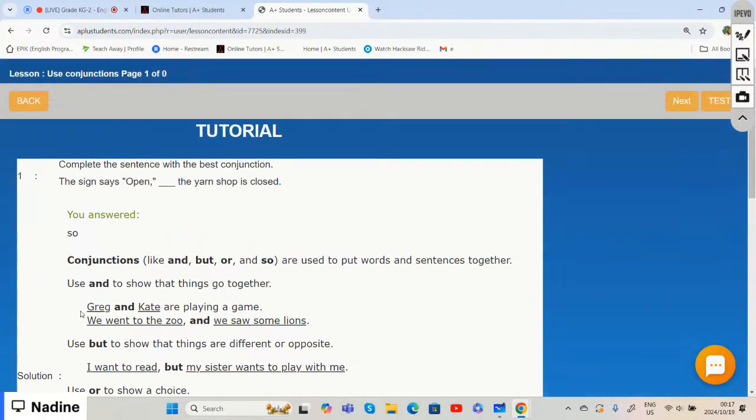And if we were to select the correct conjunction to complete the sentence, it says the sign says open. The yarn shop is closed. Do we say and the yarn shop is closed, or but the yarn shop is closed, or or the yarn shop is closed, or so the yarn shop is closed? Which one is correct?